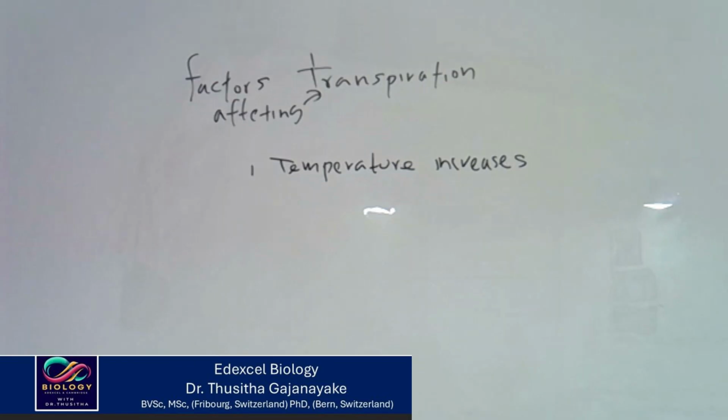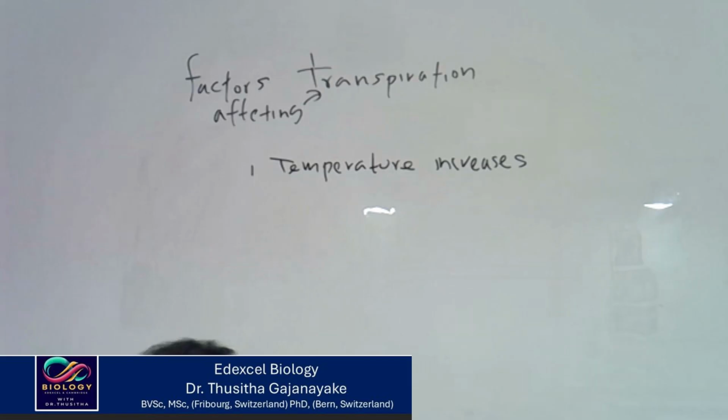Why? How can we explain that? When the temperature increases, the rate of photosynthesis increases. Yes, I can accept that. That's a very common theory. When temperature increases, the particles move faster, sometimes called kinetic energy.